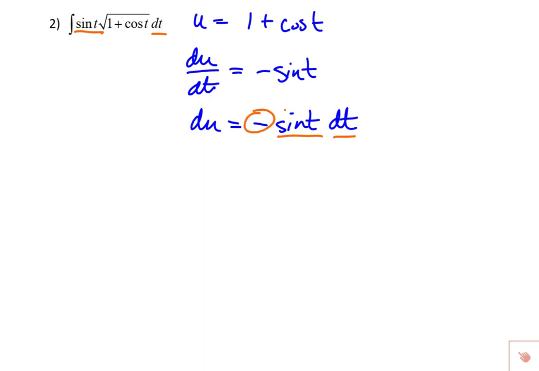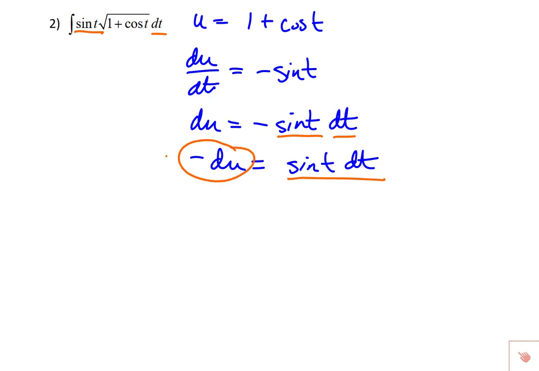We are off by this constant of a negative sign, but if we divide both sides of our du equation by -1, we end up with negative du equals sine of t dt, where the sine of t dt is what's going to get replaced, and it gets replaced by this negative du.